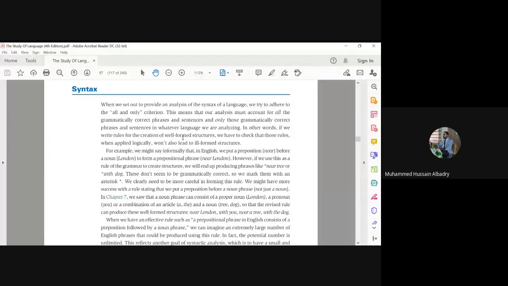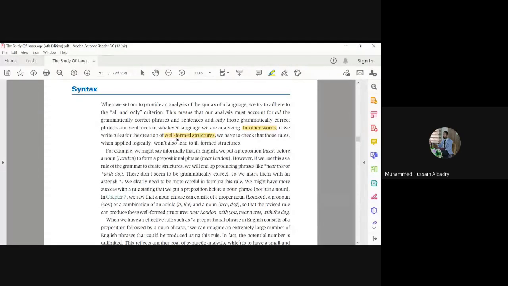So when we consider the analysis of grammatical structure, we have to look for the correct phrases and sentences, those that are well formed, that are grammatical. In other words, if we write rules for well-formed structures, it means grammatical sentences.